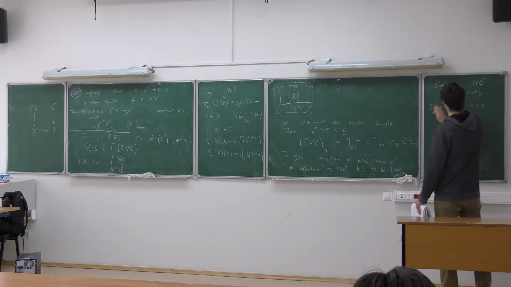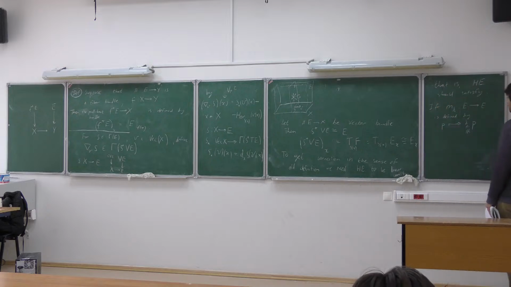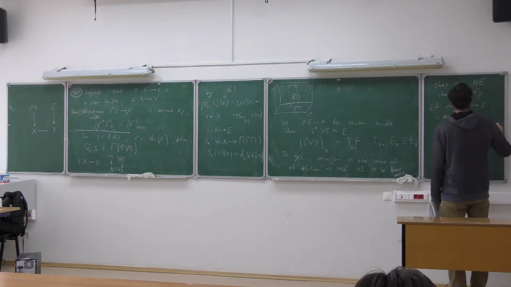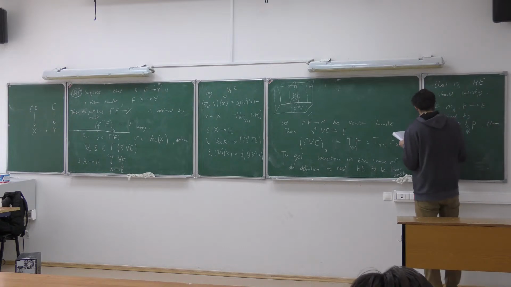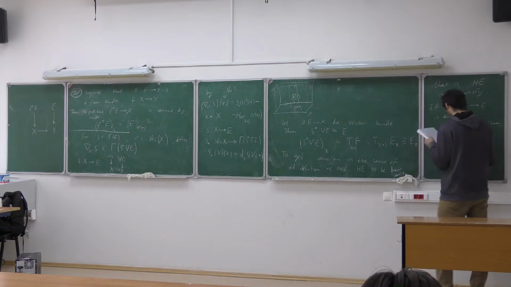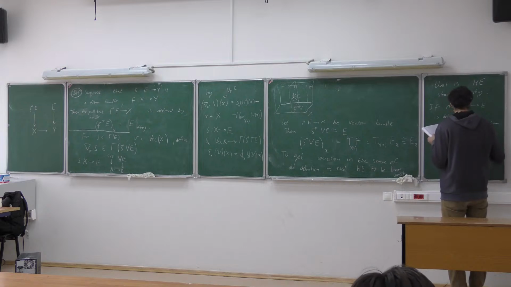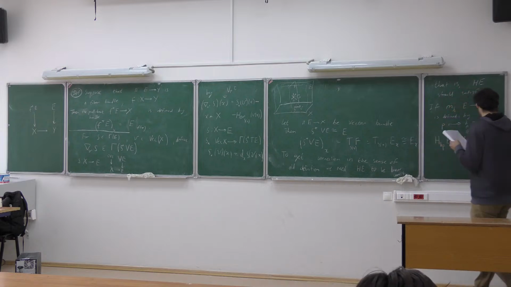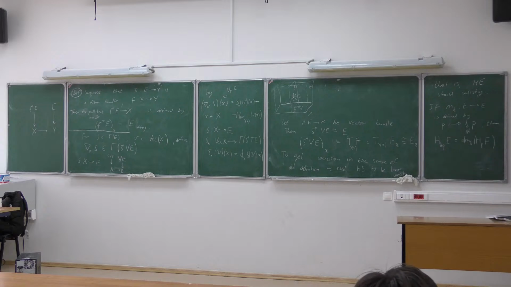If m_lambda is defined by this, then H_{lambda p} E is dm_lambda of H_p E. So our connection is invariant with respect to this map, an additional structure on the fiber. We'll actually generalize this and see.